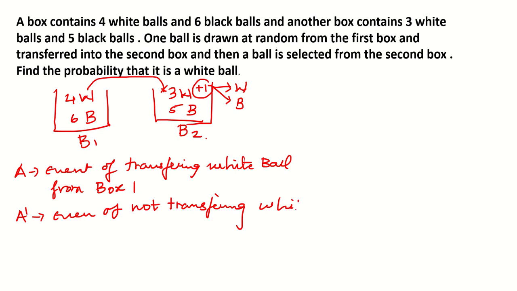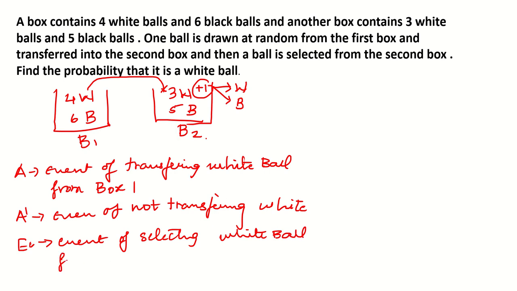If something is happening, then the complement of it is that it is not happening. Now the next event we need is our probability. Let E be the event of selecting a white ball from box 2.